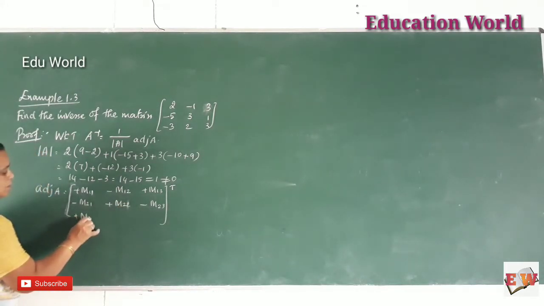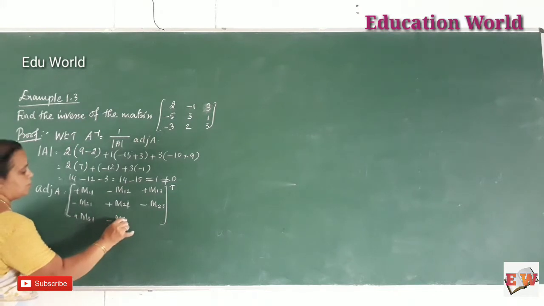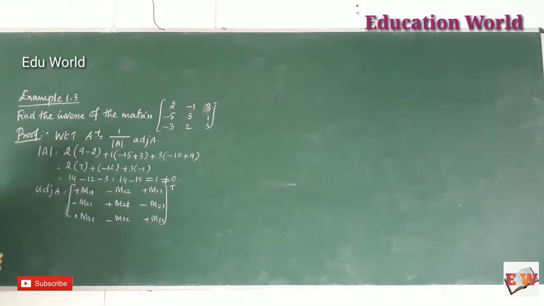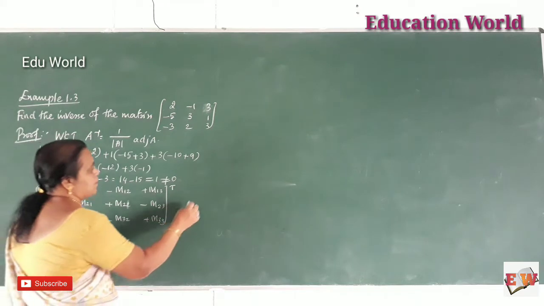Plus M31 minus M32 plus M33. First we find the minor of the matrix of each and every element of the given matrix. How to find the minor of a matrix?